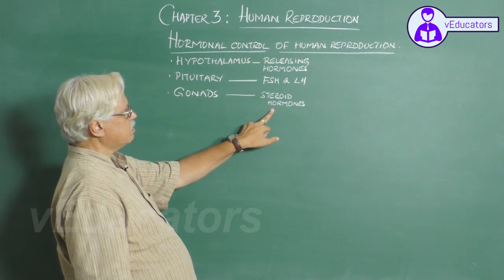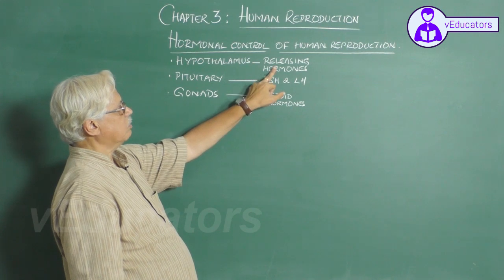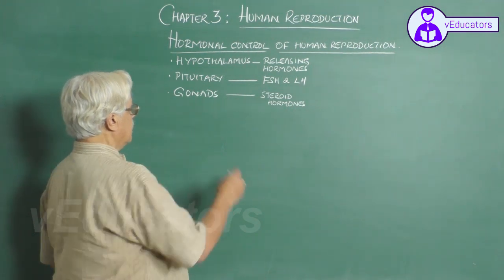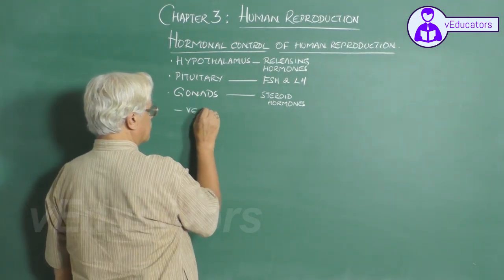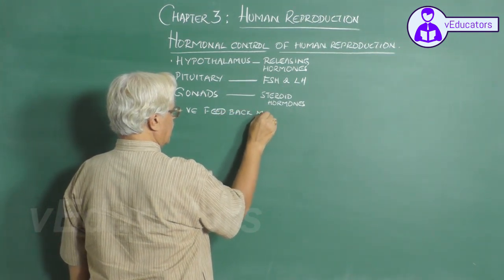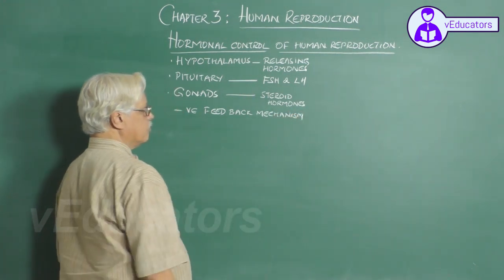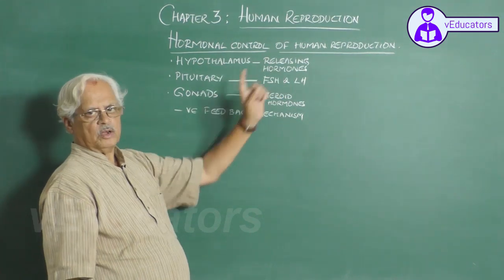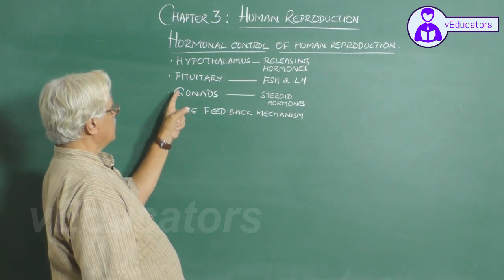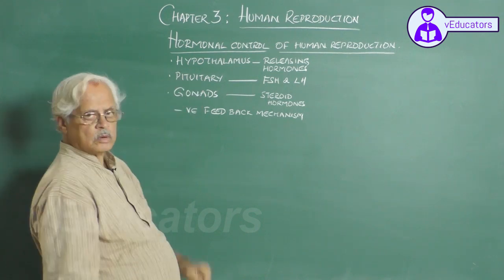The steroid hormones provide a negative feedback to FSH and LH and to the releasing hormones. FSH and LH in turn to the hypothalamus. So there is a negative feedback mechanism. There is a negative feedback mechanism that operates in the hormonal control of human reproduction, and this negative feedback mechanism operates between gonads and pituitary, gonads and hypothalamus, pituitary and hypothalamus.